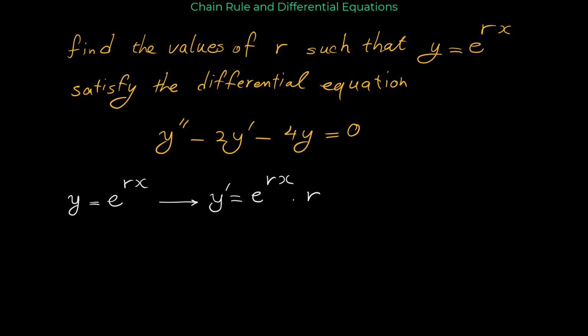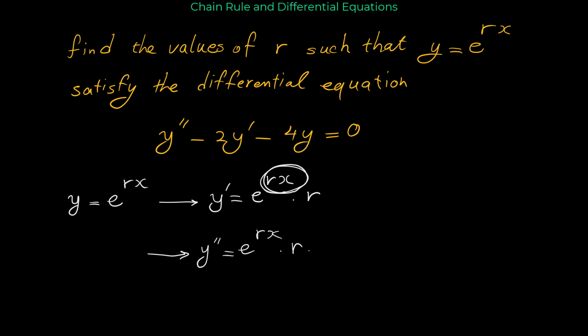Now we have to find y double prime. For finding y double prime, we don't need to use the product rule. Attention, here r is a constant. We only have to find the derivative of this part, and then multiply it by this constant. So the derivative of e to the rx is e to the power of rx times r, because the derivative of the exponent rx is r.